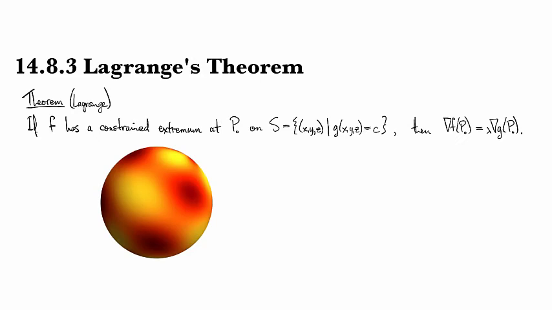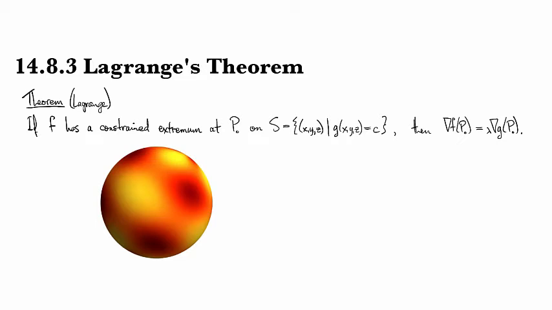So I wanted to go back to Lagrange's theorem, which is what I was talking about non-technically in the first clip from this chapter, and look at it again, this time the 3D version instead of the 2D version. So here's the actual statement of Lagrange's theorem.